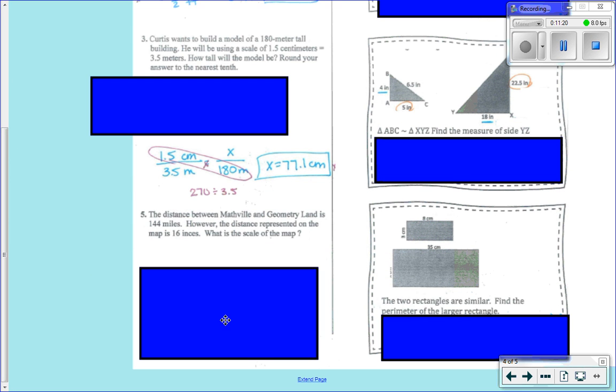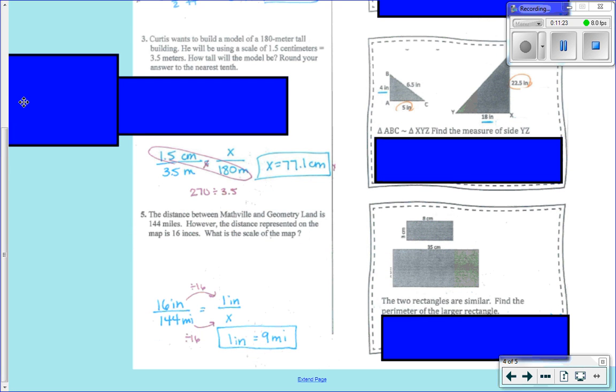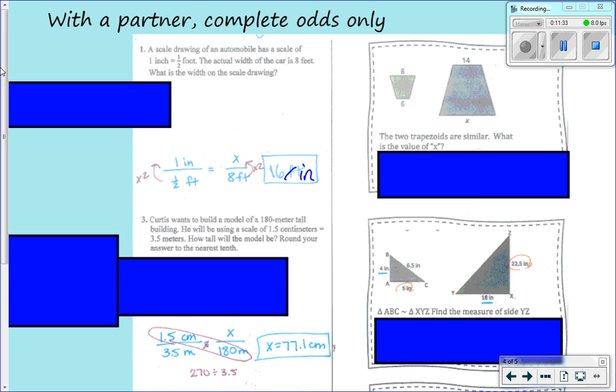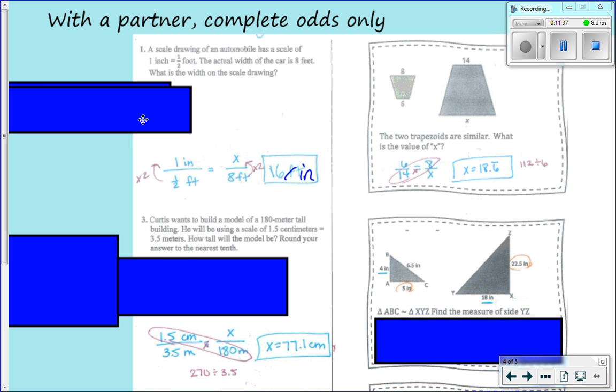And number 5, 1 inch equals 9 miles. Are we good with that? Awesome. Okay, go ahead and turn it over to the back. And then number 7, the value of x, 18.6 repeating. Let's make sure we have that repeating symbol there. And number 9.